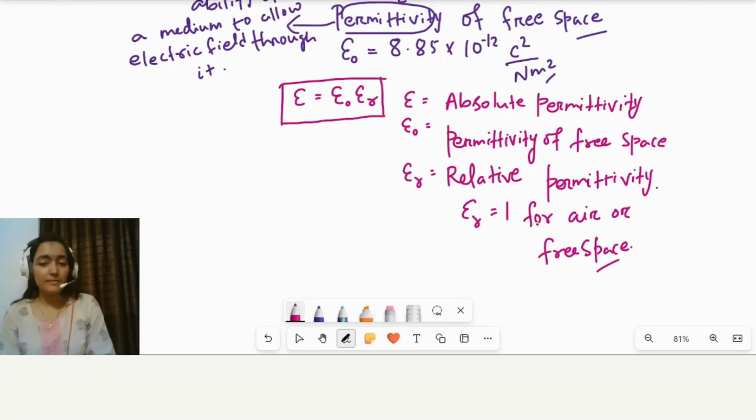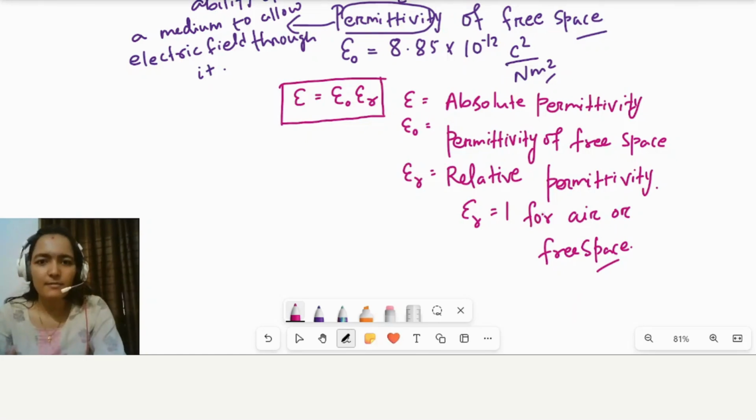But for other mediums it is more than 1 or maybe less than 1, but it is not 1.